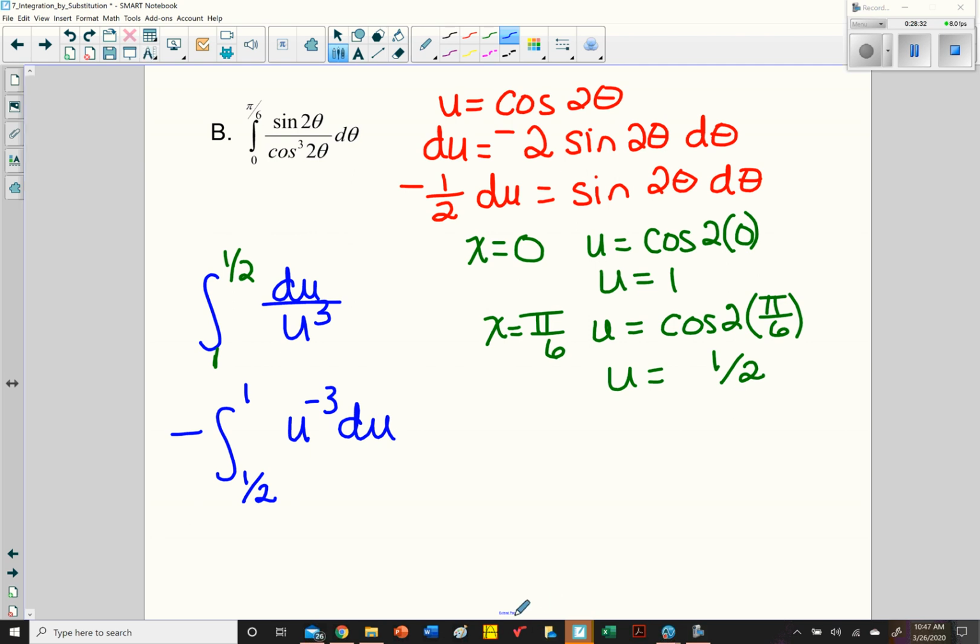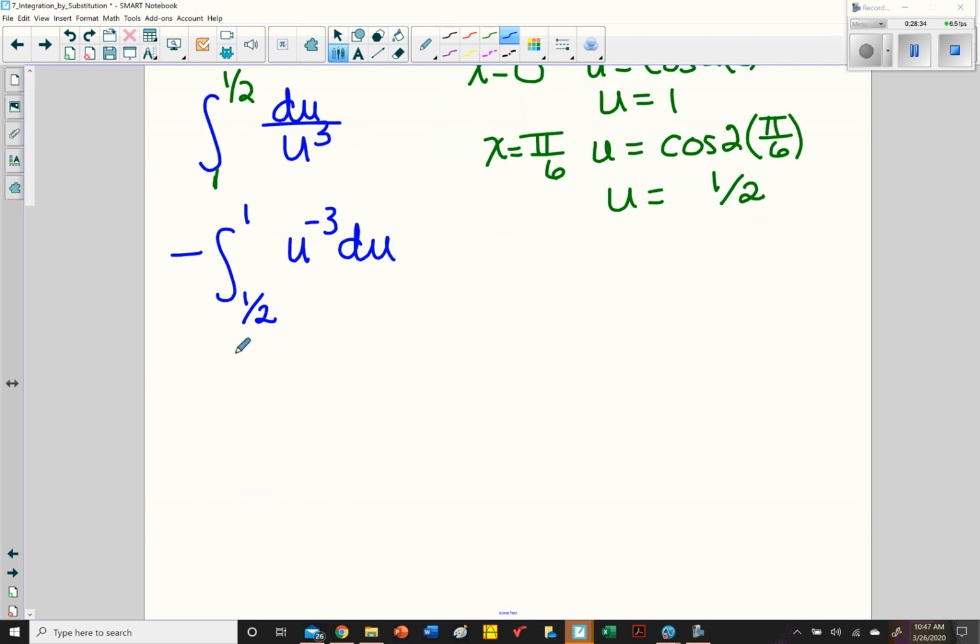So take the antiderivative, keep all of the u's, don't go back to the x's, and we'll balance it out that way. So adding 1 to -3 gives us -2, and we're dividing by -2.